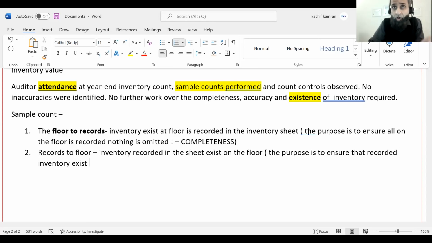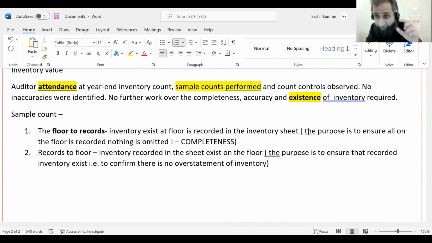All recorded inventory exists. That is, to confirm there is no overstatement. There is no overstatement of inventory.